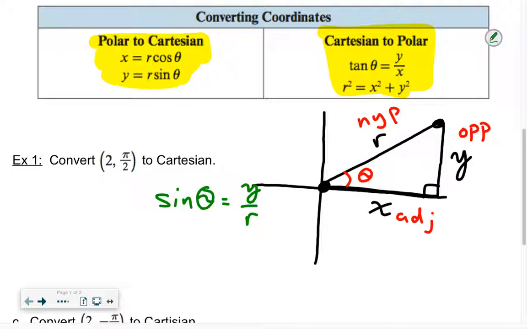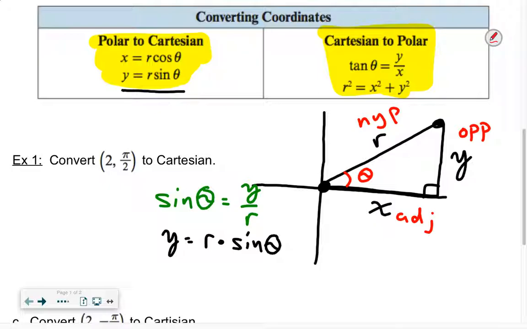And if we wanted to solve for y, we would simply multiply both sides by r, so y equals r times the sine of theta. And that's why we have that one there for our y value.